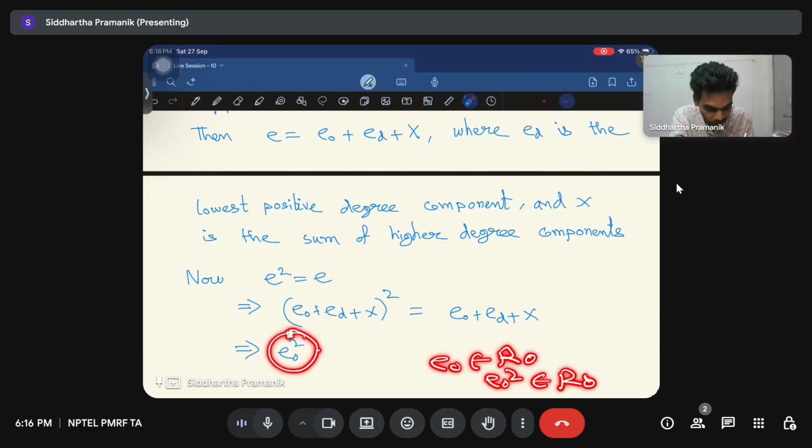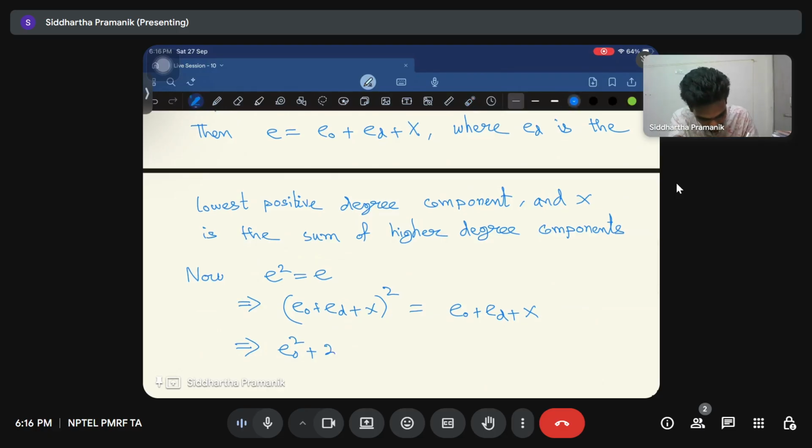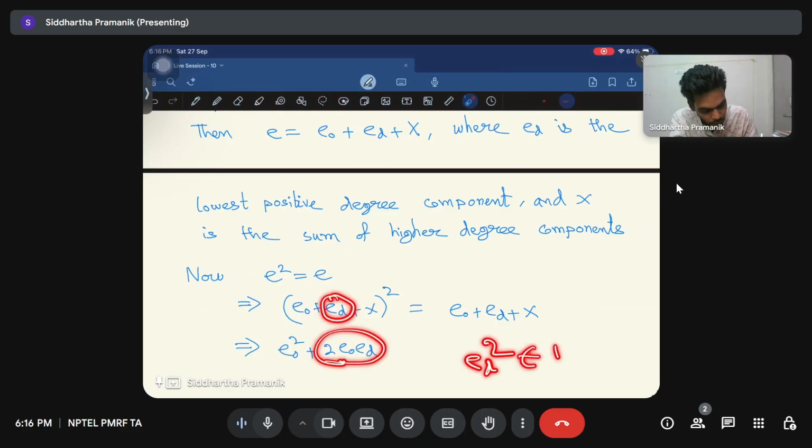Now what is the lowest positive degree term in this product? We will have two terms: 2 times E0 ED. This is a term of degree D. And if we multiply ED square, then it belongs to R2D, right? So its degree will increase.